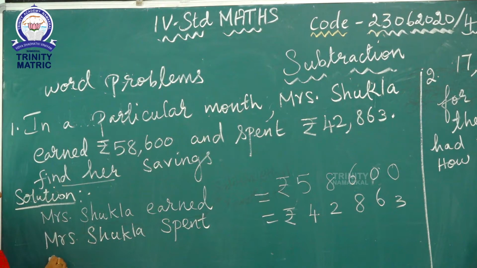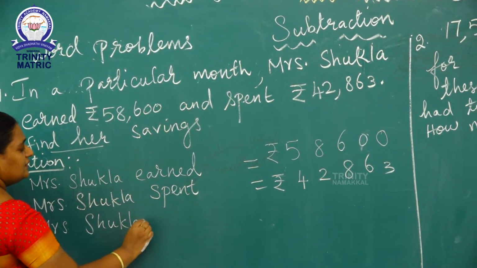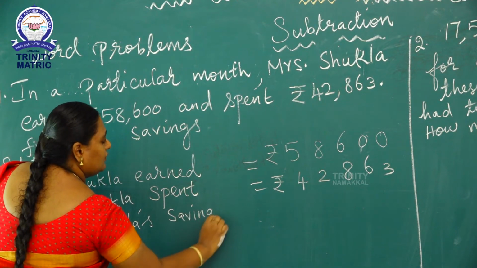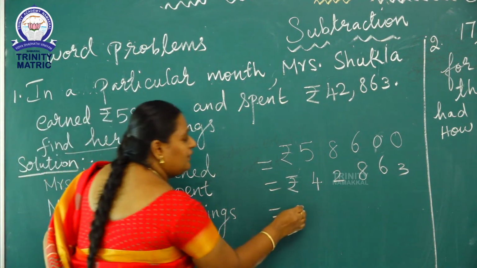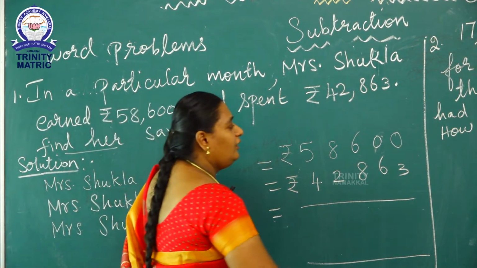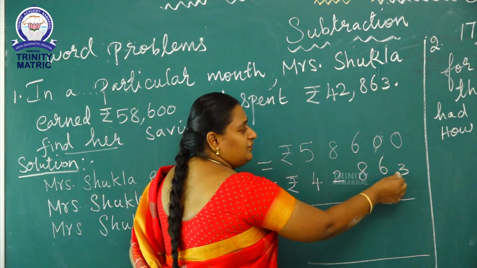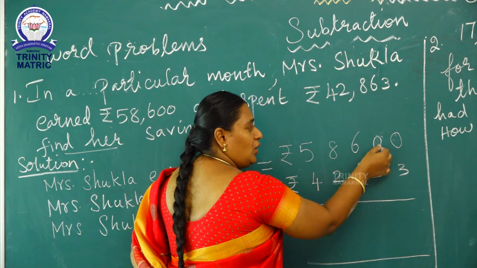So Mrs. Shukla's savings equal to, so we have to subtract. Listen carefully. Put the subtraction symbol here. We cannot subtract 3 from 0, so we have to borrow.